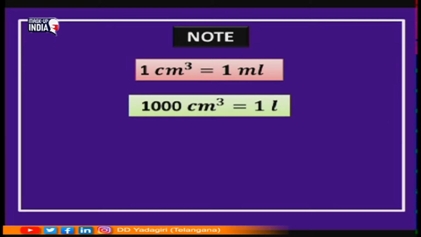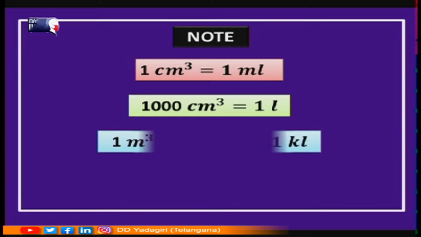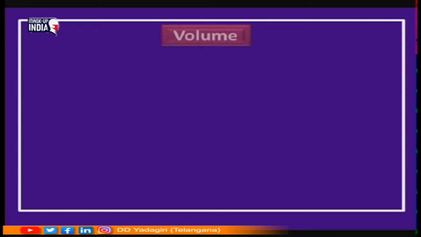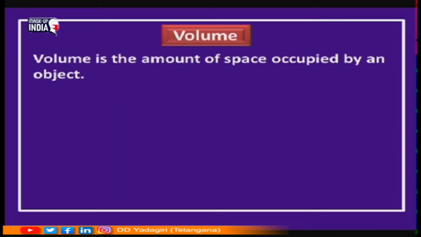Likewise, 1000 centimeter cube will be 1000 milliliters, that is nothing but 1 liter. And finally, 1 meter cube is 1000 liter, or 1000 liter can also be written as 1 kiloliter. Got it, children?